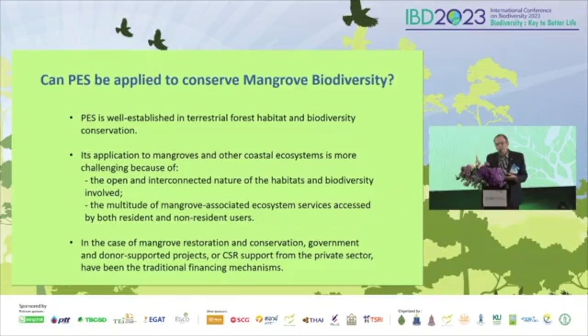If the forest was not well protected, a lot of sediment would wash into the reservoirs, and the companies would have to pay a lot more money to keep dredging out the sediment. So they pay per cubic meter of clean water that they use. And I'll come back to that example later on when I talk about the financing of PES.